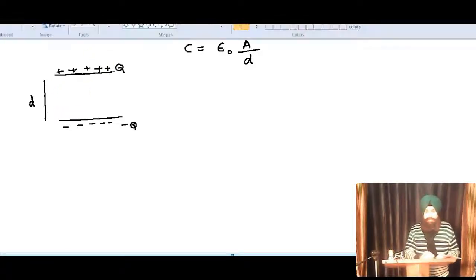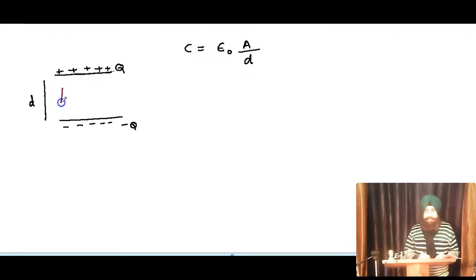Now we are going to insert a dielectric. You know very well a dielectric cannot conduct electricity. It is a type of insulator.